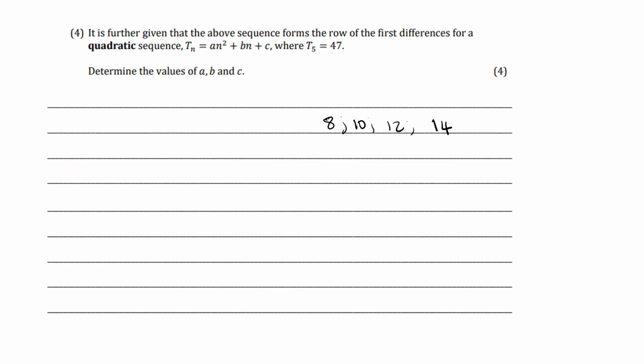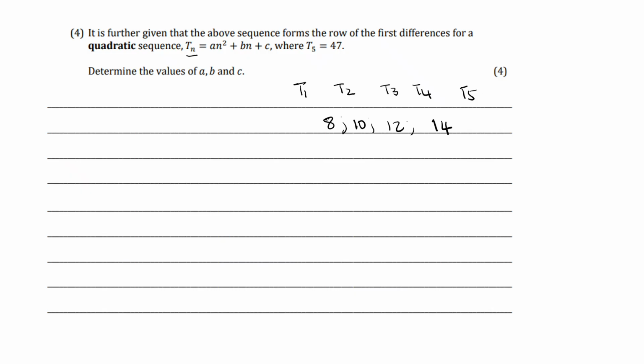Now, if this is our first difference for a quadratic sequence, Tn equals an squared plus bn plus c, where T5 is 47. So this tells me this is my T1, T2, T3, T4, and T5.